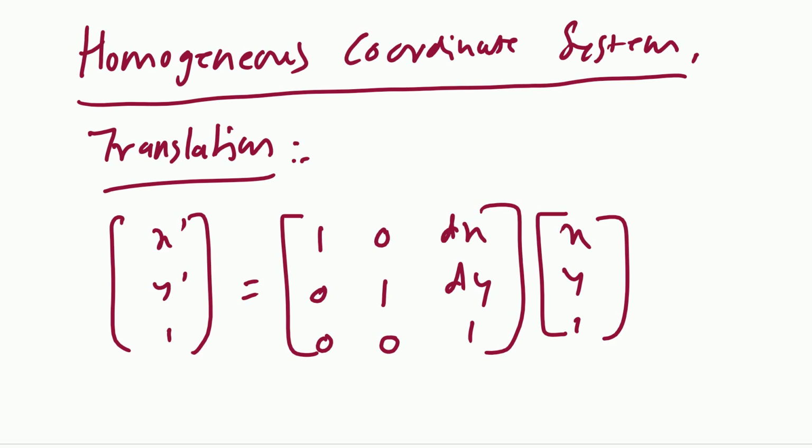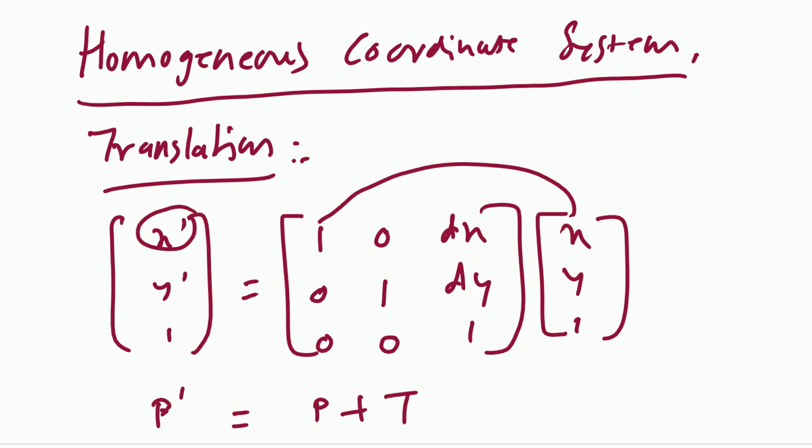So in a compact form, this is written as P' is equal to P plus T. So if we write this, x' is equal to x, y becomes 0 and x plus dx. Similarly, we get y' as y plus dy, and we have 1 equal to 1.